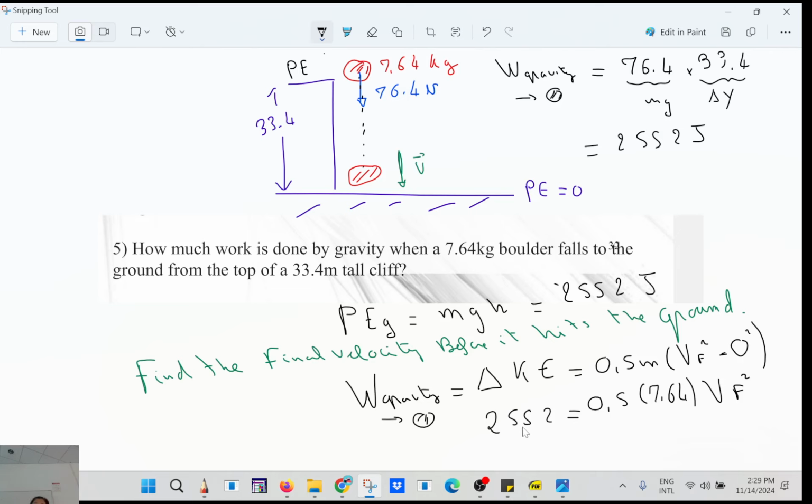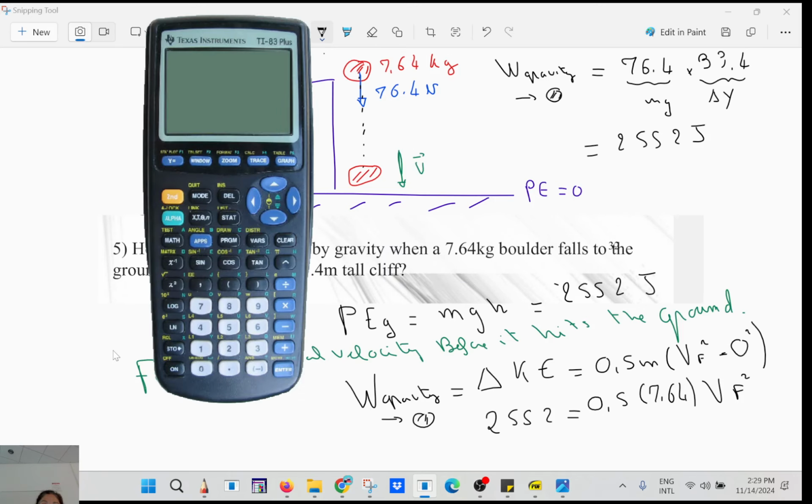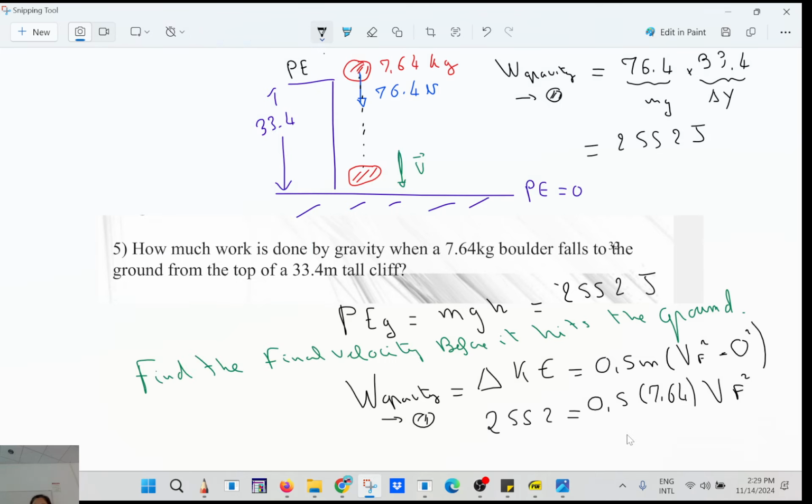You can do 2552 enter, divide by 0.5, enter, divide by 7.64, enter, and then you take the square root, and you call back the answer, to about 26. Did you find that? 26. Okay, so the final speed is 26 meters per second.